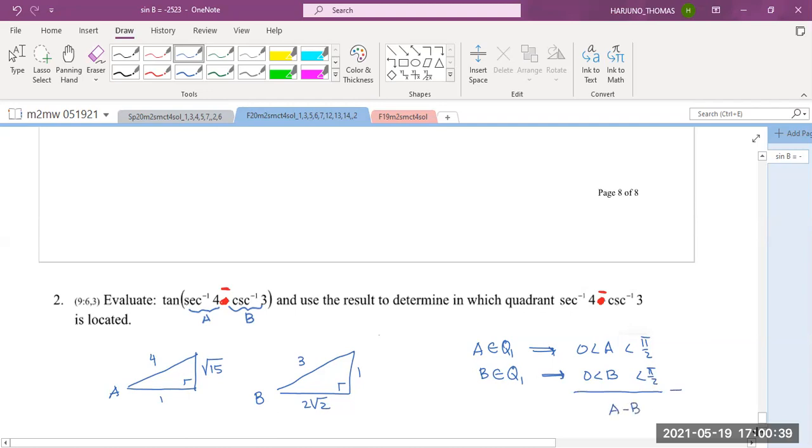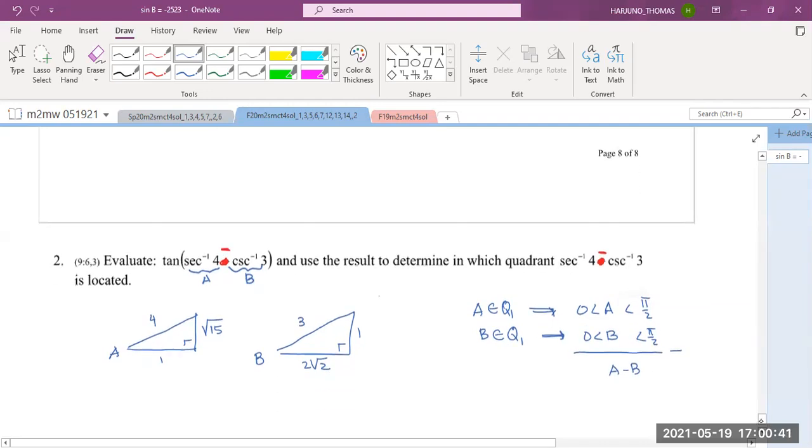Have you ever thought about it? What happens if you subtract? Now, the logic will be as the following. What is the maximum for A minus B? The maximum for A minus B will be the maximum of A minus the minimum of B.